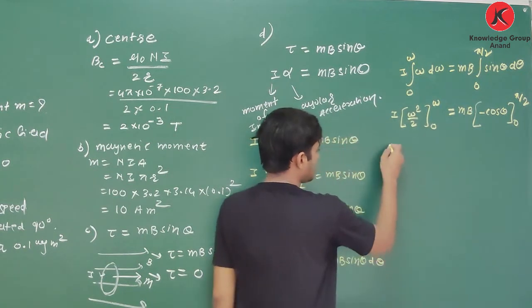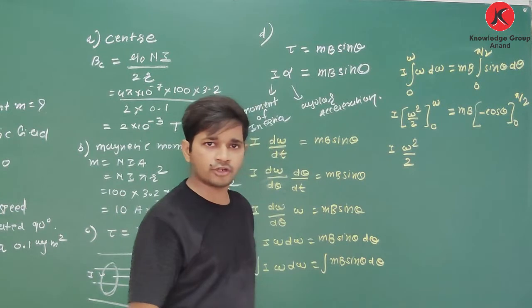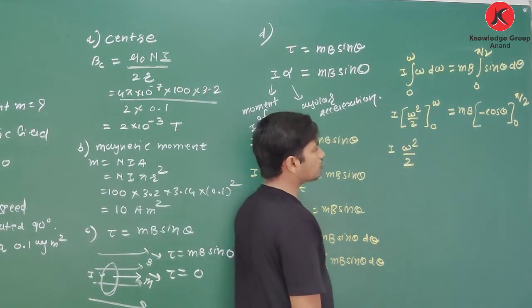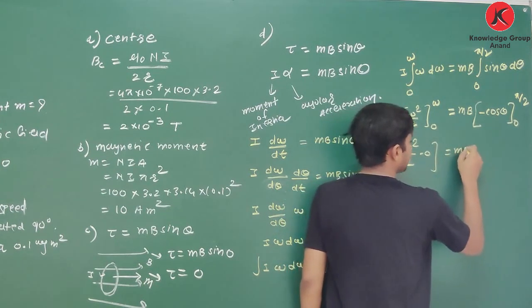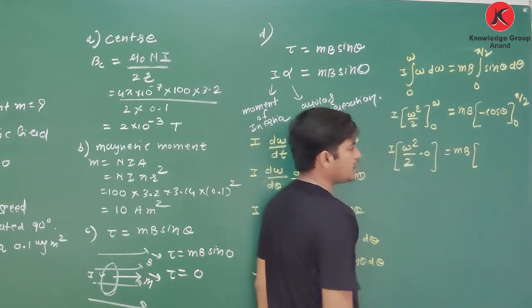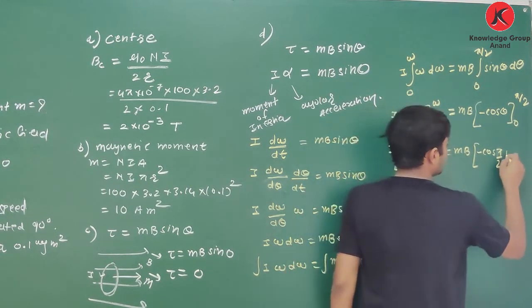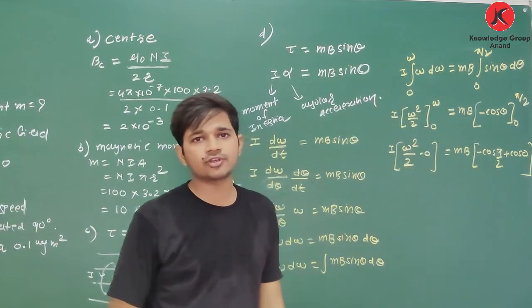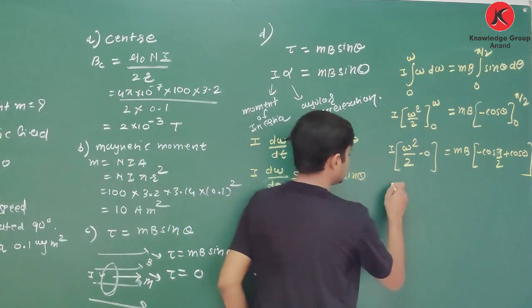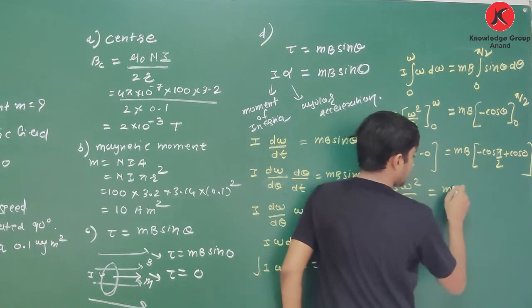Now put the limits. On this side it is I omega square by 2, minus 0. On the other side it is MB times minus cos pi by 2, minus minus cos 0. Minus minus will become plus cos 0.